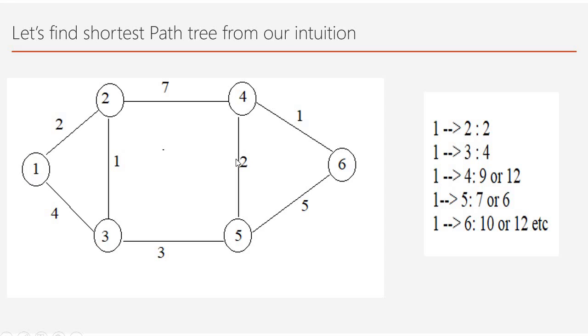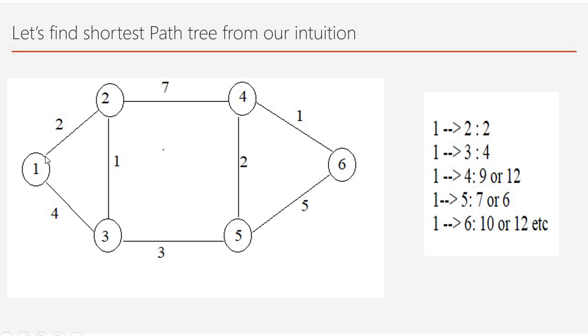So there are 6 nodes, 1, 2, 3, 4, 5, 6, and between those nodes there are paths. This is one path, this is a second path, like that. This is a weight. Weight can be anything.